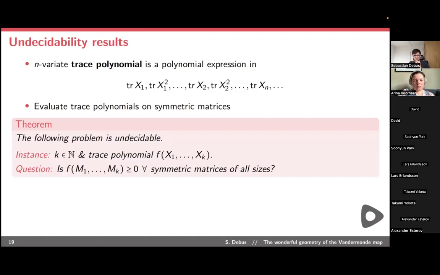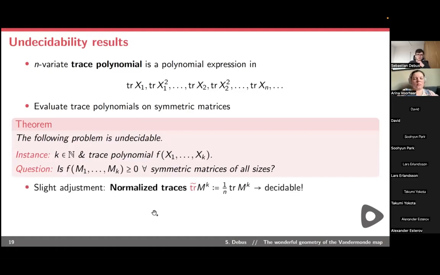But something interesting happens when we speak now about normalized traces. This is the setting of Klep, Volčič, that I mentioned before in the paper on Positivstellensätze for univariate trace polynomials. They use normalized traces, and the normalized trace is denoted by trace tilde, the trace of the matrix divided by the size of the matrix.